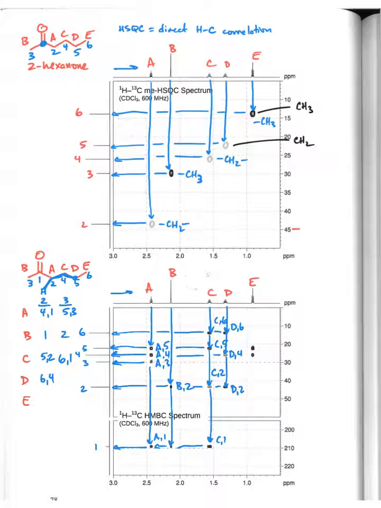D2, that's a 3-bond. That's all the relationships for D. So we move to E. We see E has 2. So E5, that's a 2-bond. So E5 was a 2-bond correlation. Now we have E4. That's a 3-bond correlation.